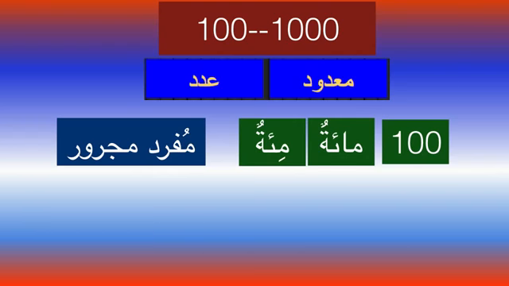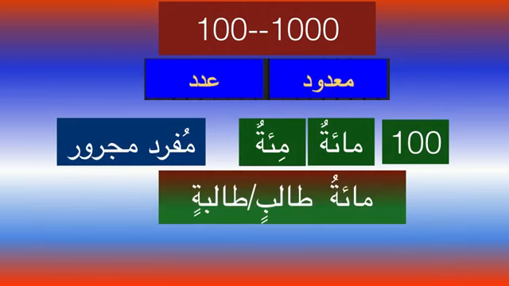Whereas from 11 to 99, we know it is tam'iz, which will be a mufrad but mansoob, with double tanween fatha. From 100 to 1000 the ma'dud will have a kasra and it will be indefinite. So for example, we say mi'atu talibin wa talibatin.